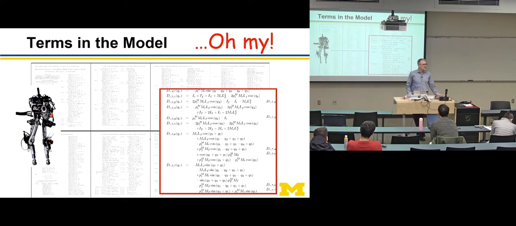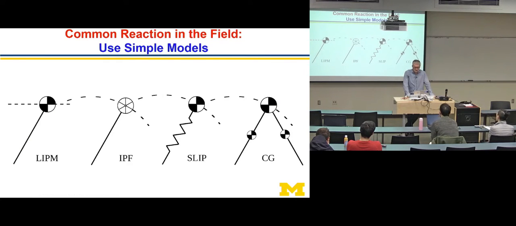For Cassie, it's something like 1,000 pages. For this one, I derived the Lagrangian and my students checked it. We did this one by hand, so we know every line in there. But for Cassie, no one's ever looked at every line of code in the model.